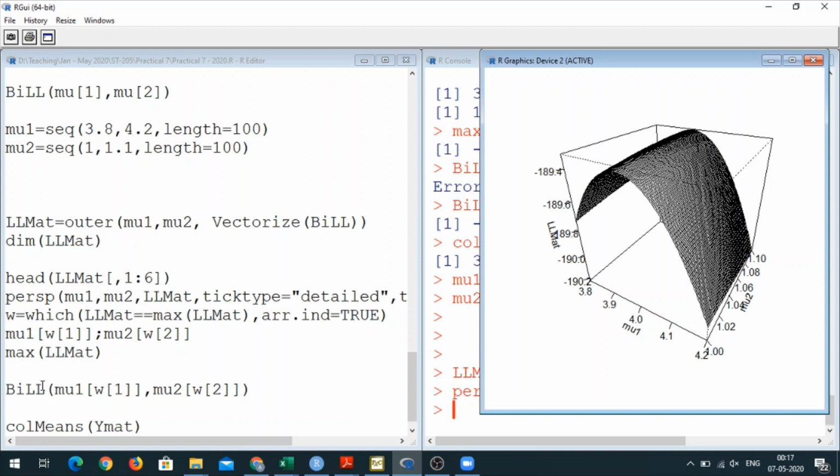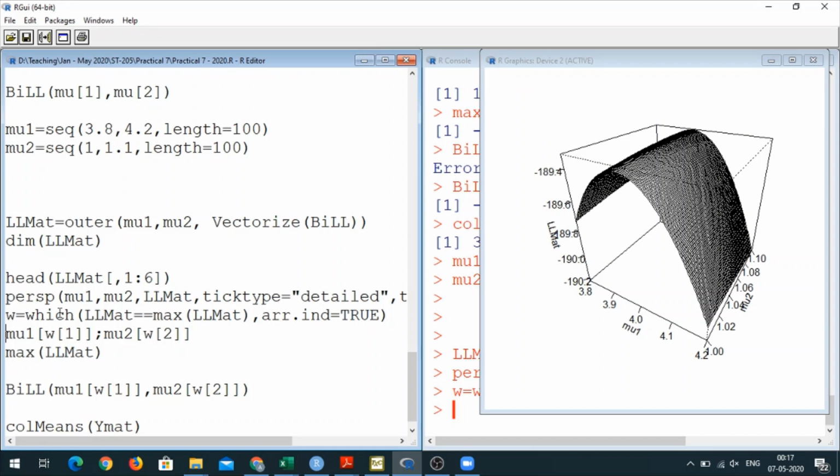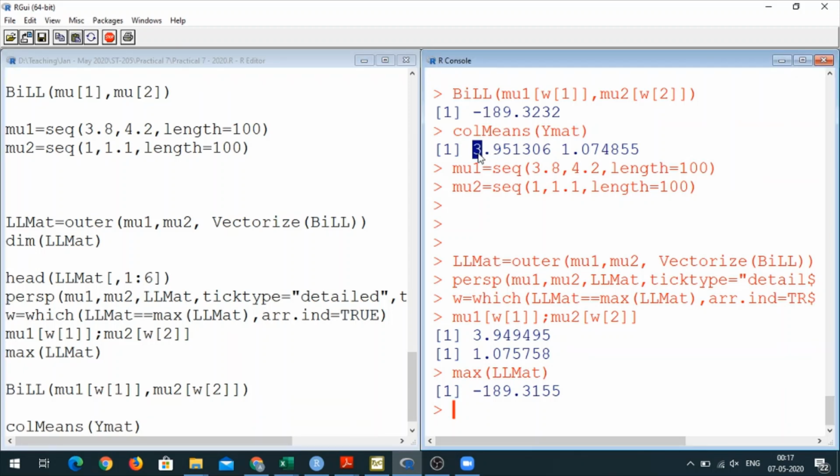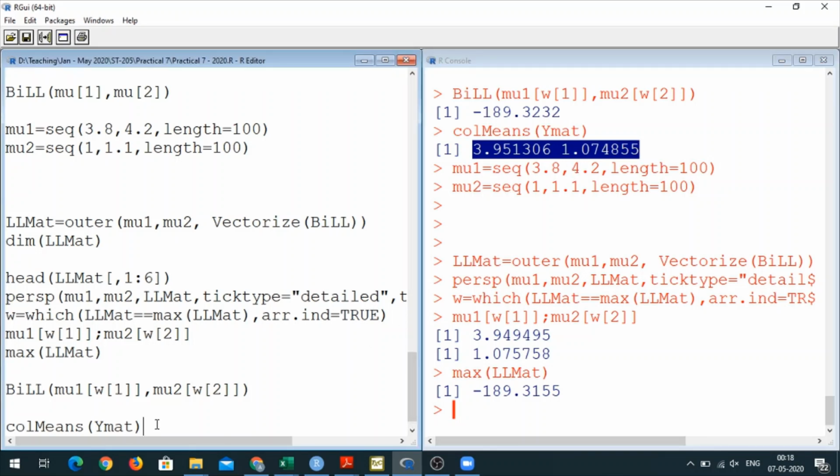The graph is more or less similar. See, 3.949, so it is almost 3.951, and 1.074, so 1.075. So it is quite close. Oh yeah, we can also compute the log likelihood at the actual MLE, and let us see if it is larger.